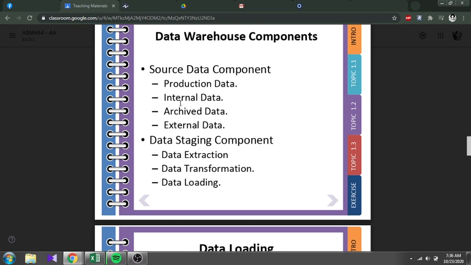And external data ni come from outside lah, maybe news ke apa ke, some policy from the governments. Okay, and then data staging component is about the data extraction, transformation and loading.